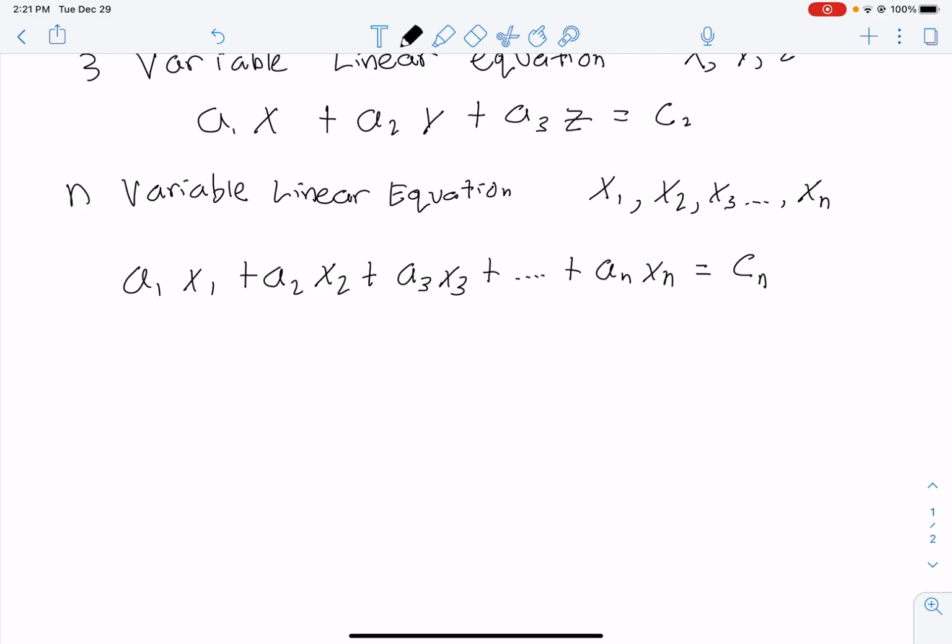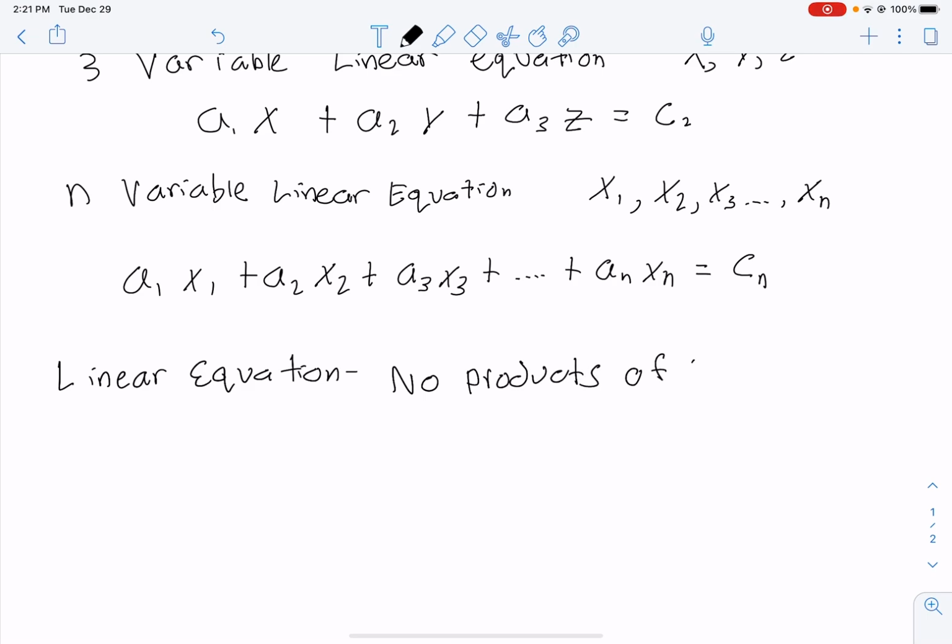We want to know what a linear equation exactly is. Linear equations, to define them, we could define them by what they do not have. There are no products of variables. Just a quick call out there: we have a product between a constant and a variable.